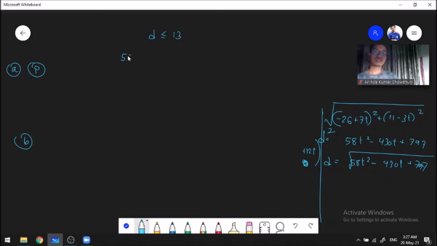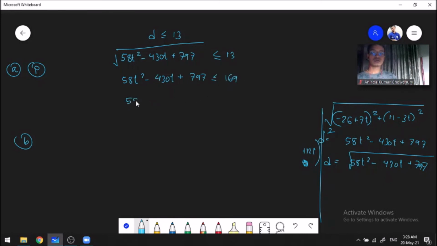Basically, 58t² - 430t + 797 is less than or equal to 13. If you square both sides, you get 58t² - 430t + 797 less than or equal to 169.